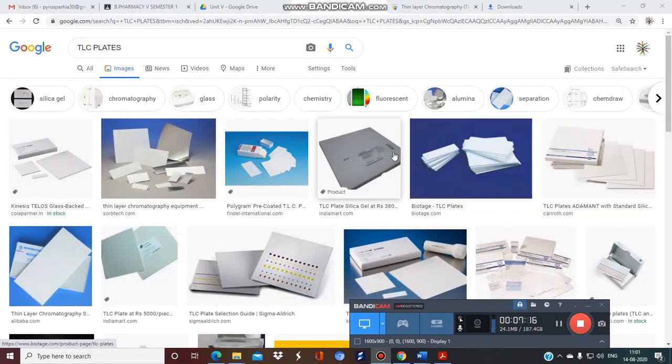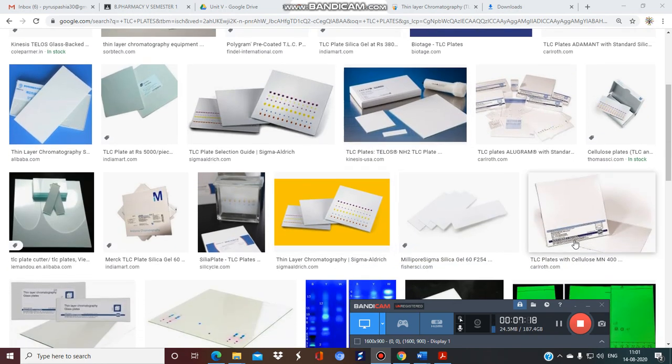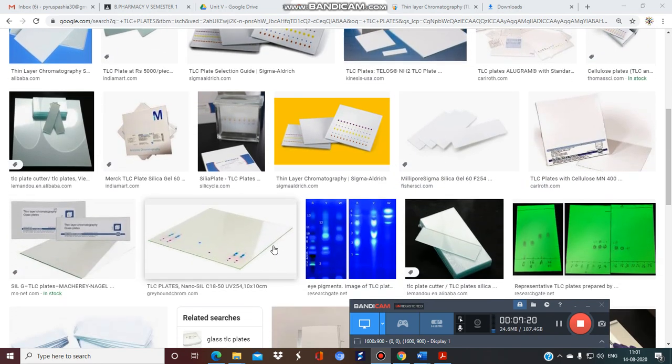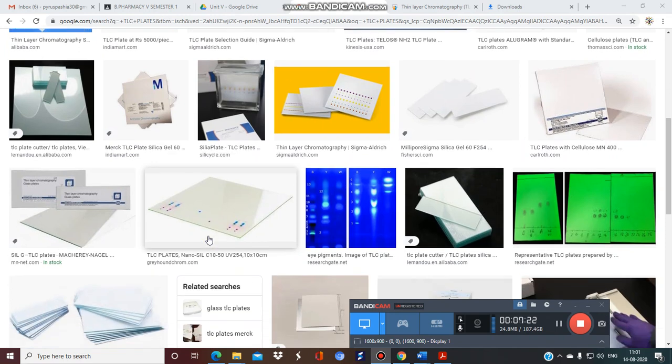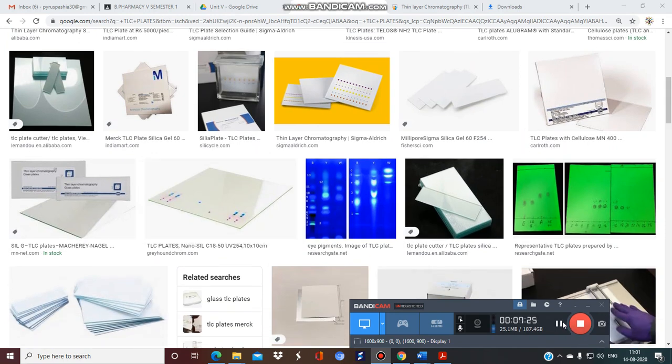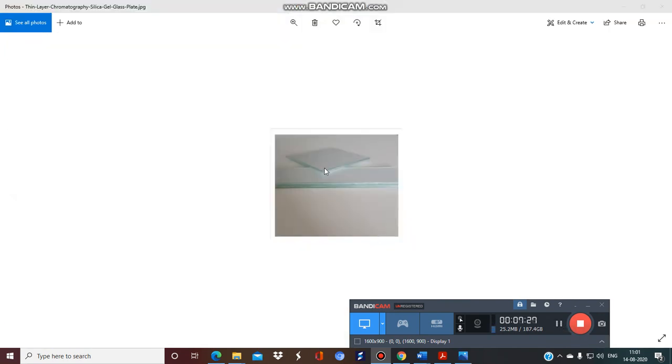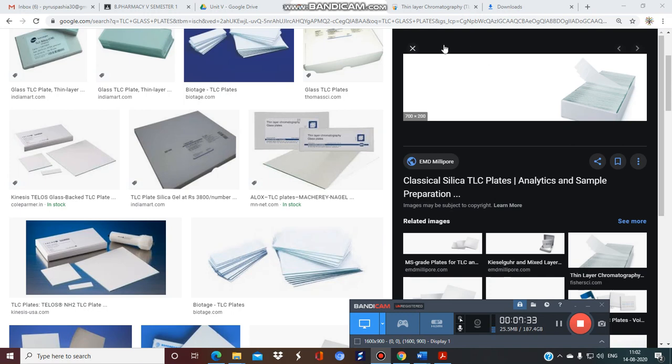Always remember this thing. These are also TLC plates, but these are a bit costly, and these are alumina coated TLC plates, whereas in our lab we will use these types of glass TLC plates of different sizes. So what is the difference between these glass plates and these pre-coated plates?